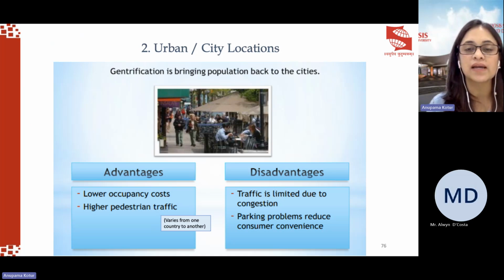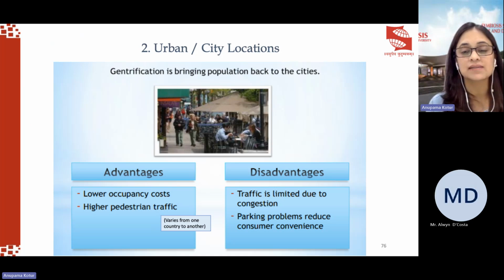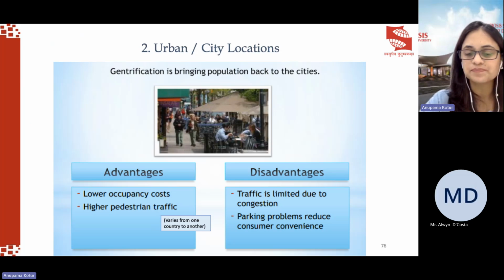So you will not find these places especially developed to cater to retail businesses, but these places would have developed organically over the years. There are, of course, advantages and disadvantages. We have to understand that these are country specific and cannot be something that's applicable to every country, right?